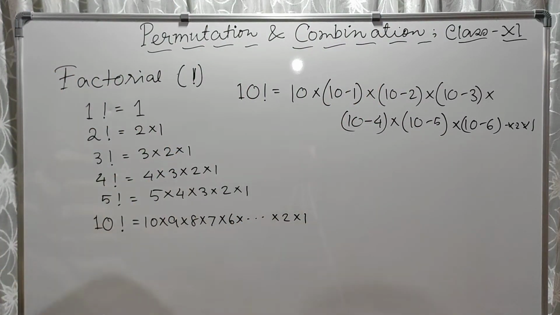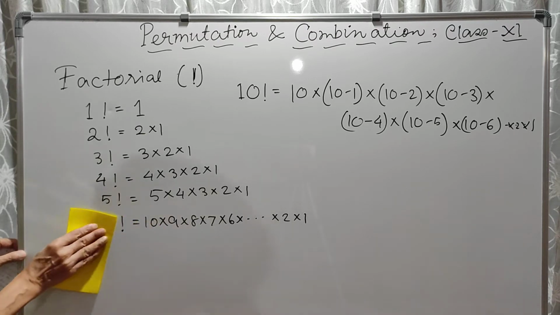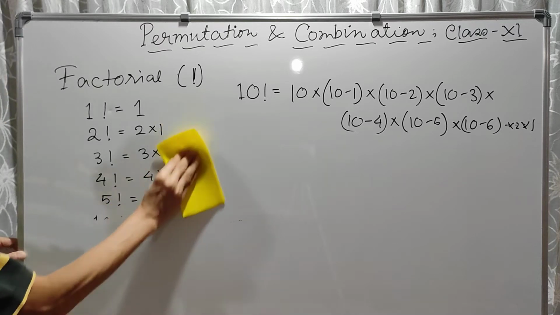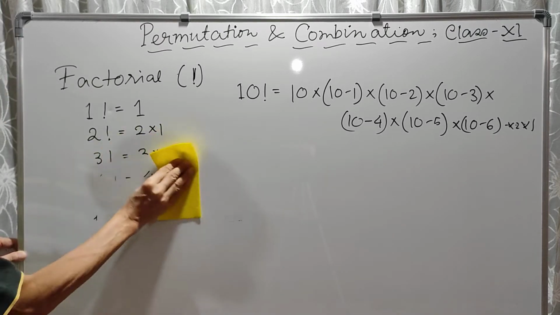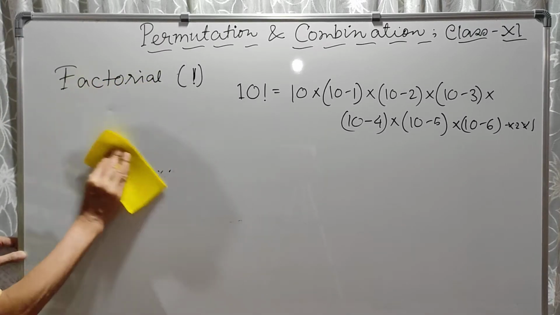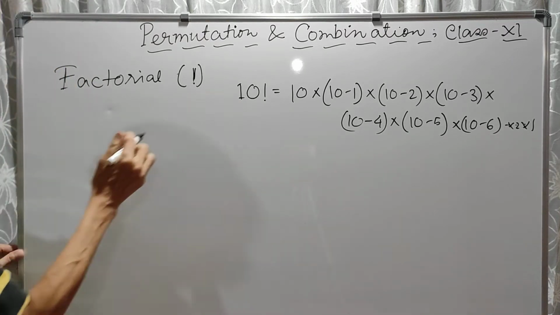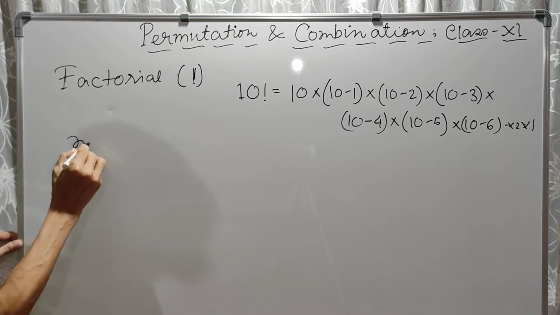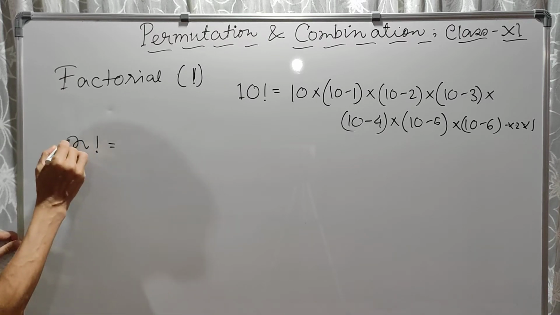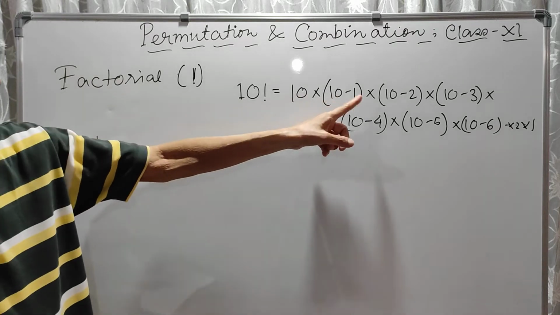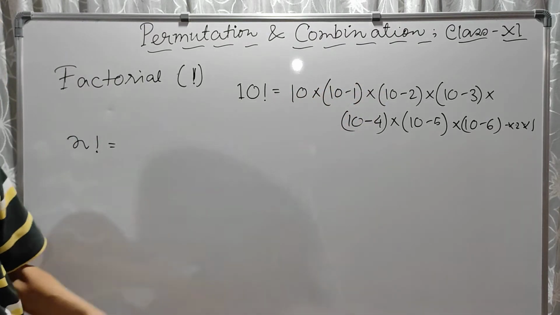Now comparing this, we obtain a formula actually. So what will be the general form? Say n factorial. 10 factorial is 10, 9, 8, decreasing by 1 gradually.